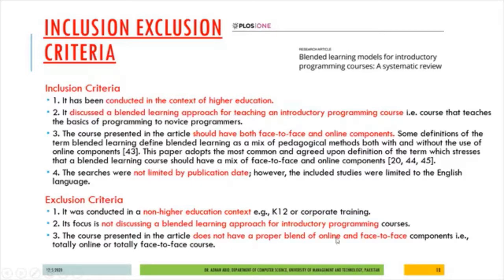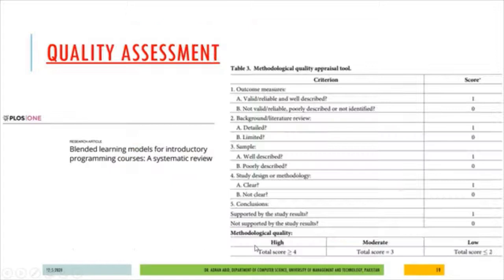And again, the articles which are not written in English and several other possibilities fall into the exclusion criteria. Non-higher education articles, for example, up till K-12, and articles not discussing the blended learning approach as we define blended learning. They do not conform to our criteria, and these are the exclusion criteria.